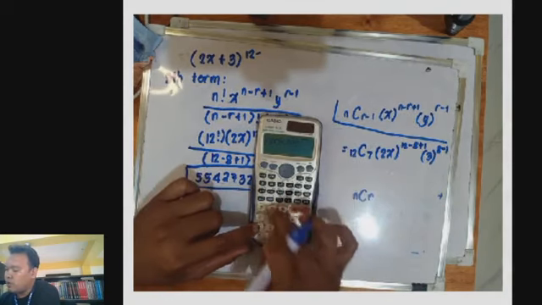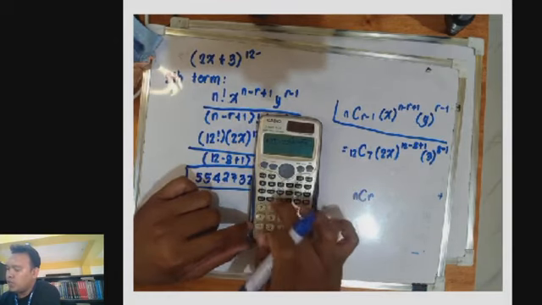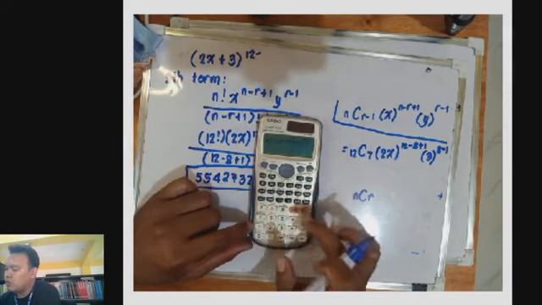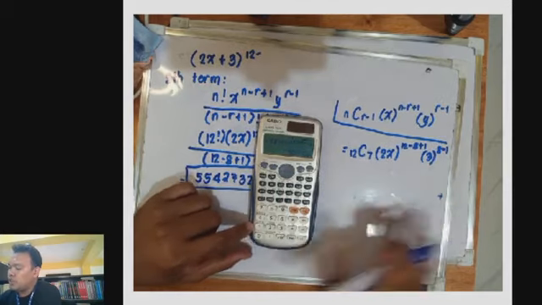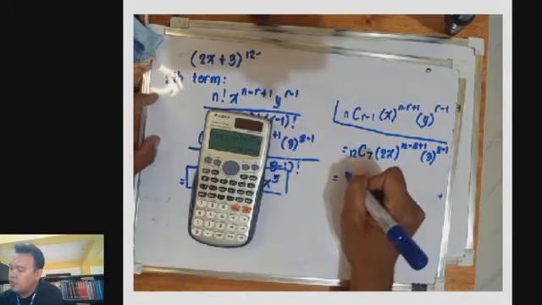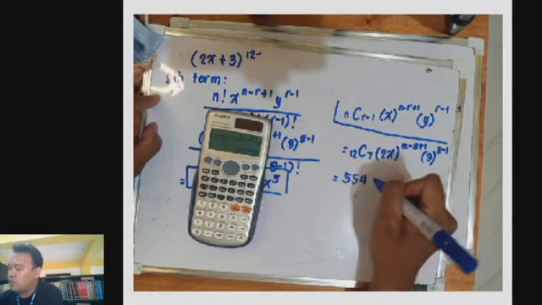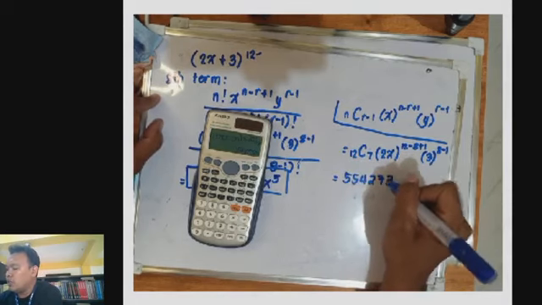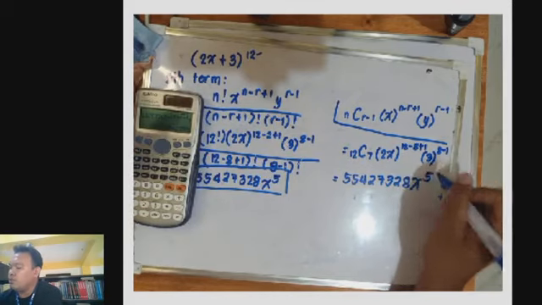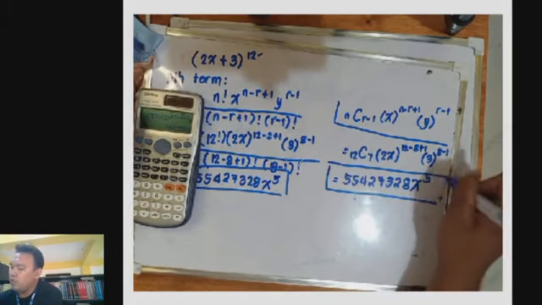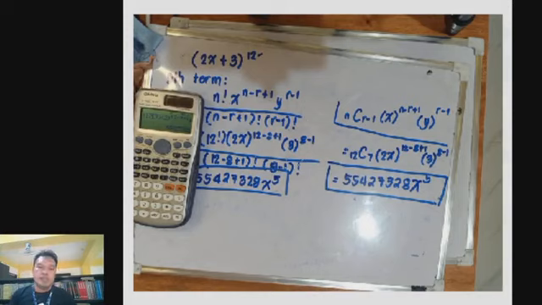Exponents 12 minus 8 plus 1 times 3 raised to 8 minus 1. So lalabas we have same answer, which is 5,542,732,8 x raised to 5. Yan po yung 8th term.